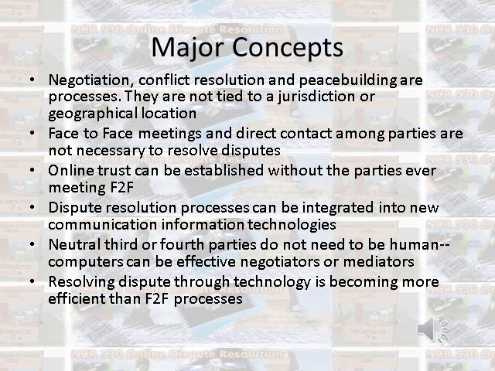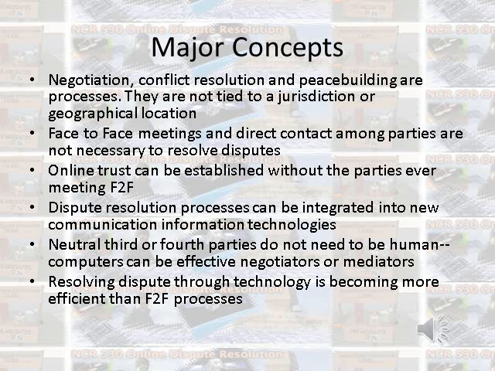Next, neutral third or fourth parties do not need to be human. Computers can be effective negotiators or mediators. You are seeing this as students experimenting with systems like SmartSettle.